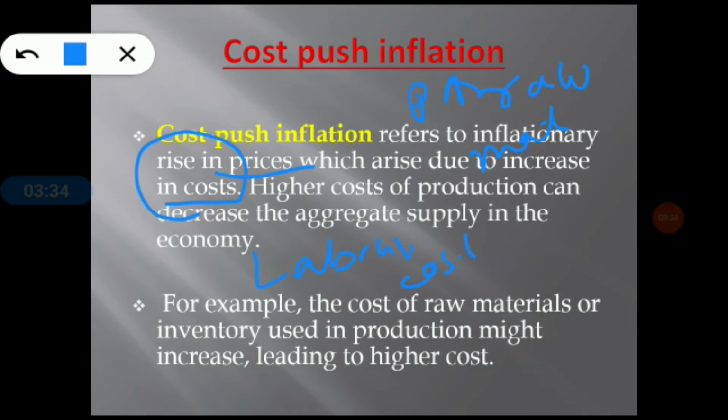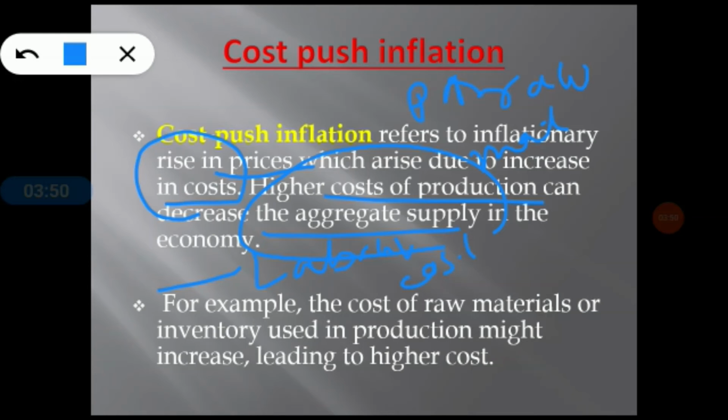So when a higher cost of production arises, it indicates there is a decrease in aggregate supply, a decrease in the total amount of productive capacity in the economy.